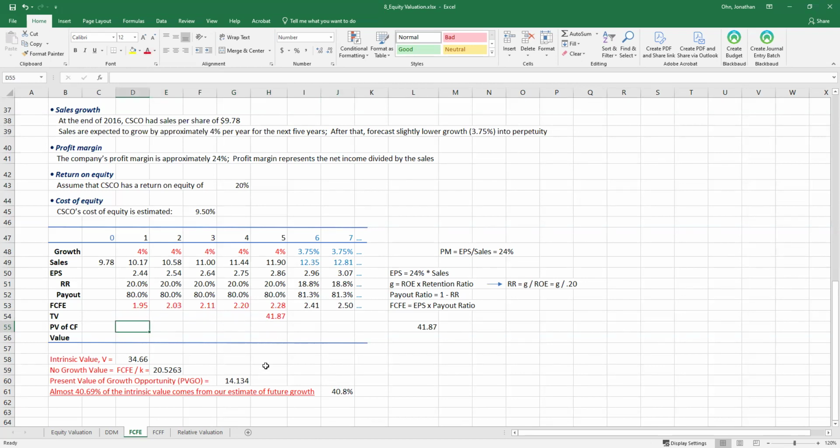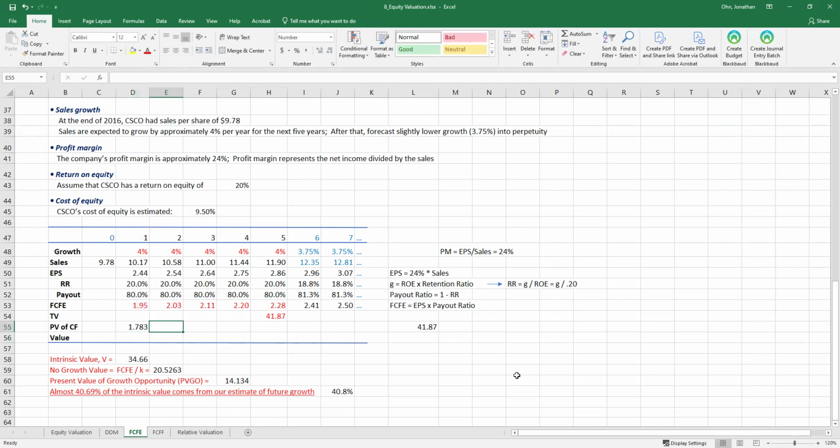Let's calculate the present value of each cash flow. Since we have two cash flows, let's do it this way: the sum of these two divided by 1 plus our cost of equity, 9.5%, to the 1, over a 1 year period.